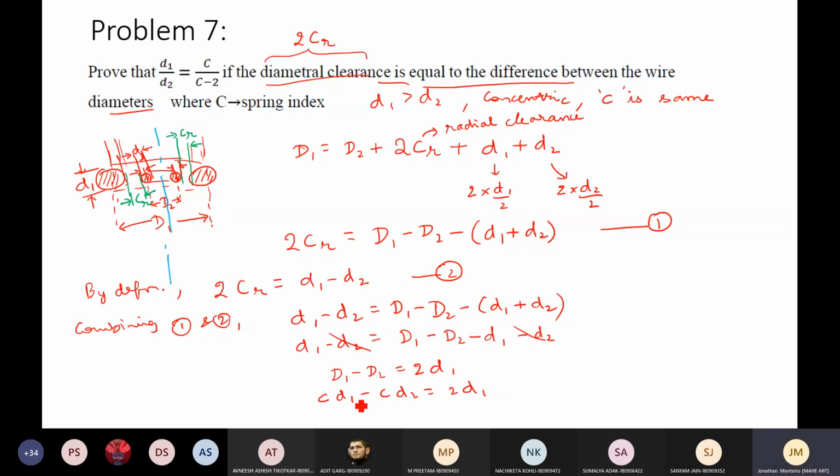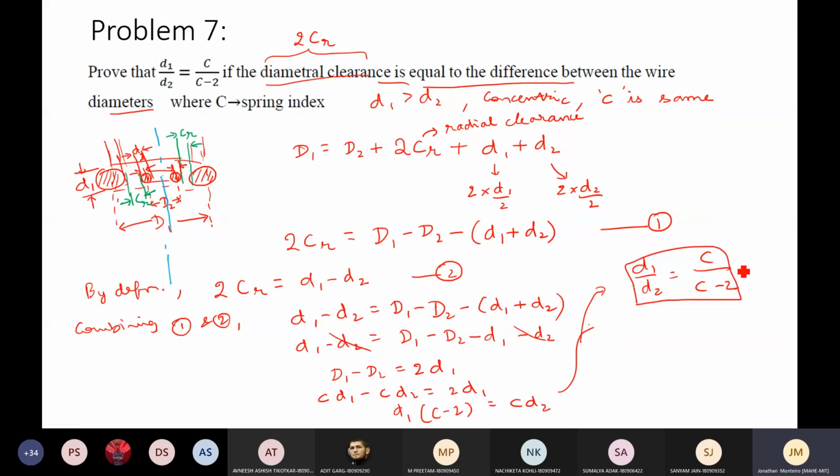So D1 into C minus 2 is equal to CD2. I am separating out the terms, which proves that D1 by D2 is equal to C by C minus 2.